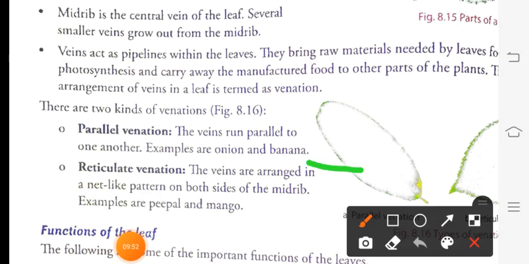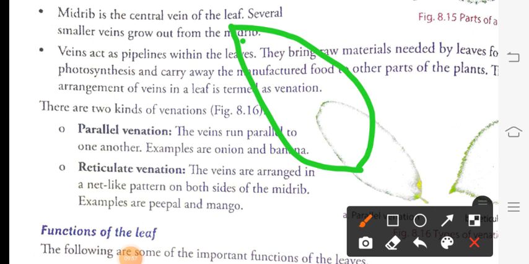So this is our leaf and this is the midrib.